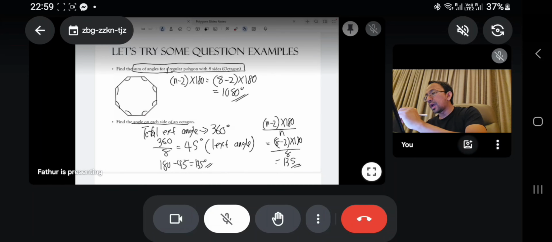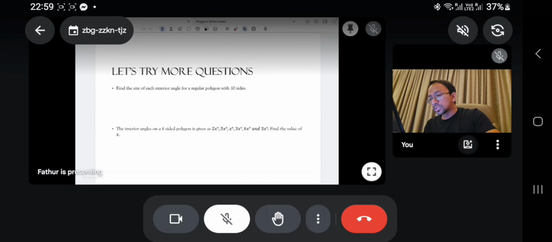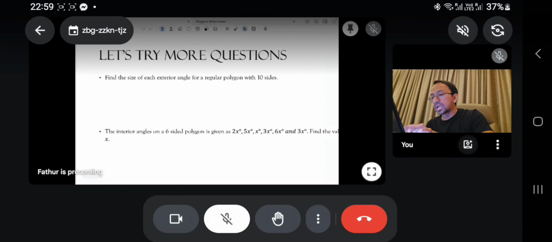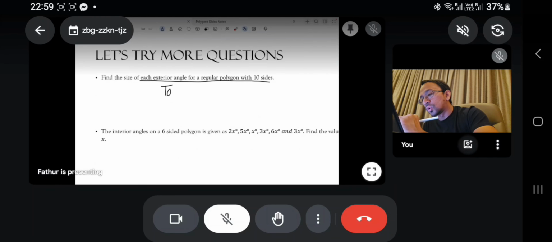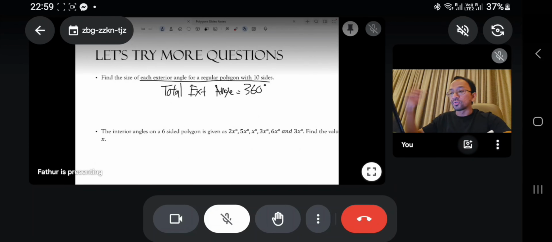Okay. Another example. Let's talk about the size of each exterior angle with 10 sides. Now remember, total exterior angle is always going to be 360. So total exterior angle equals 360 degrees, right? So to find one side, you just take 360 divided by 10.